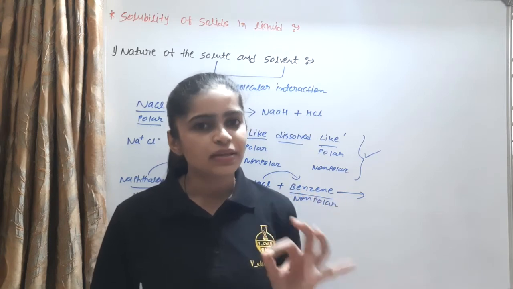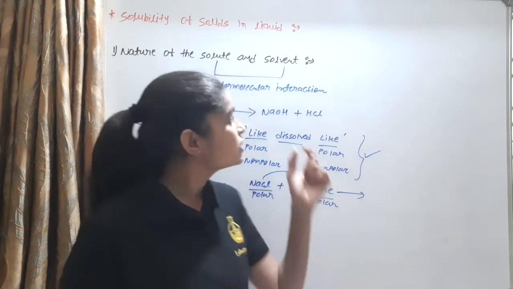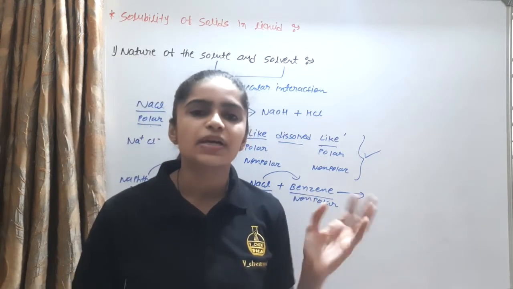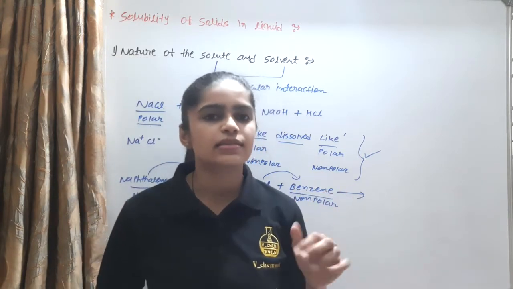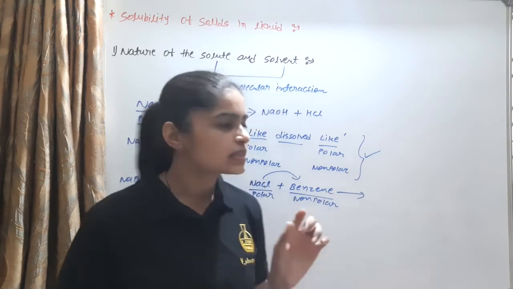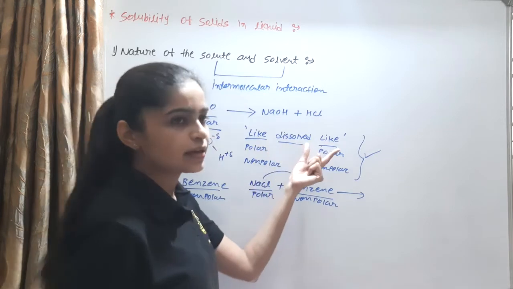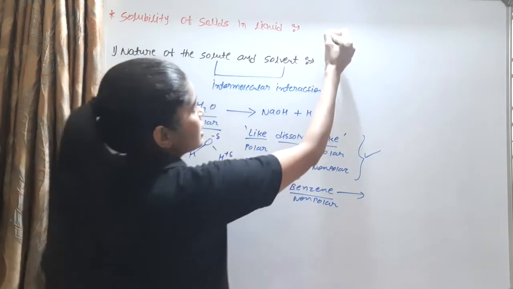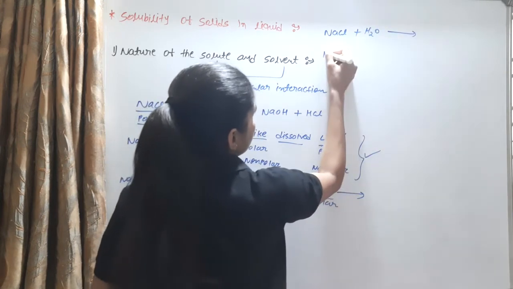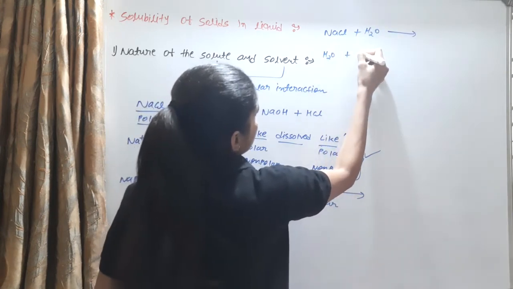So only remember that when the intermolecular interaction is the same, it dissolves, and when it is different, it does not dissolve. So the basic rule is like dissolves like. For example, consider NaCl in water and sugar.